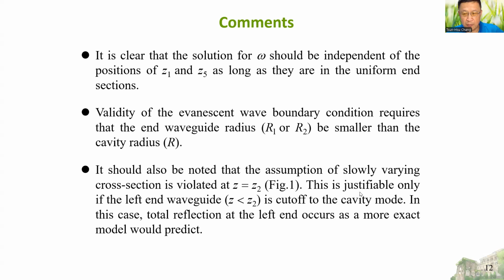This is justifiable only if the left end waveguide is cut off to the cavity mode. So not good, but acceptable. In this case, total reflection at the left end occurs as a more exact model would predict.